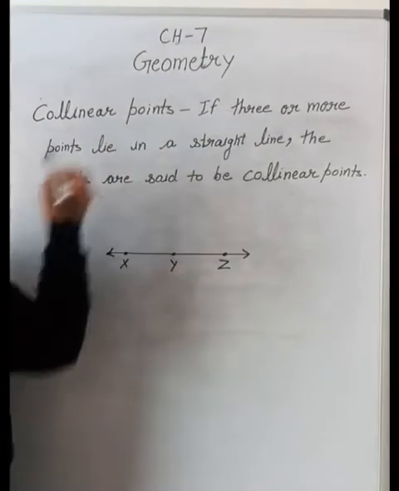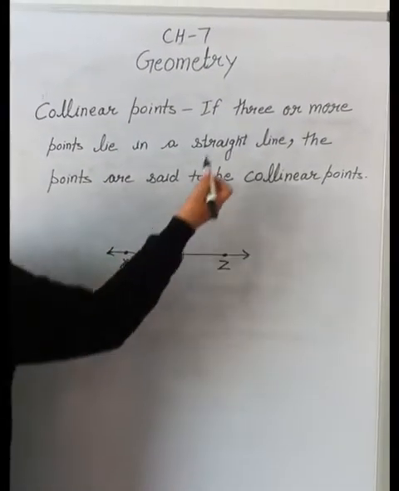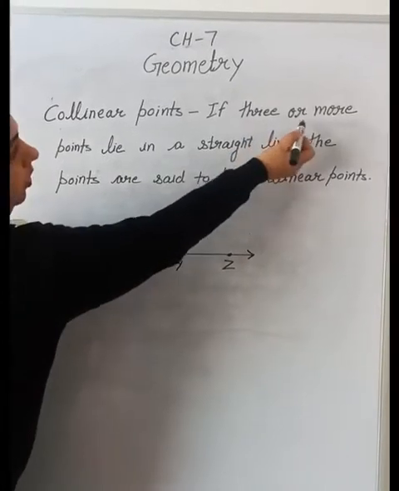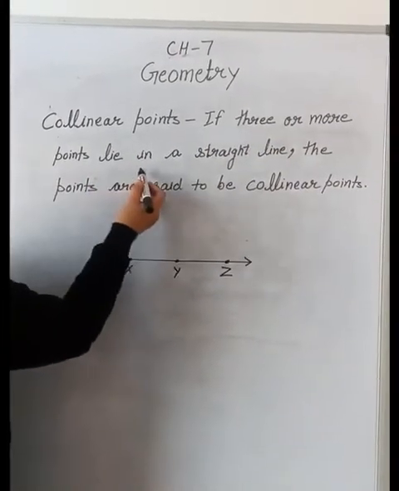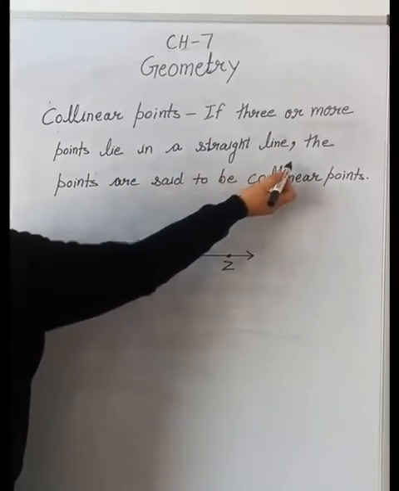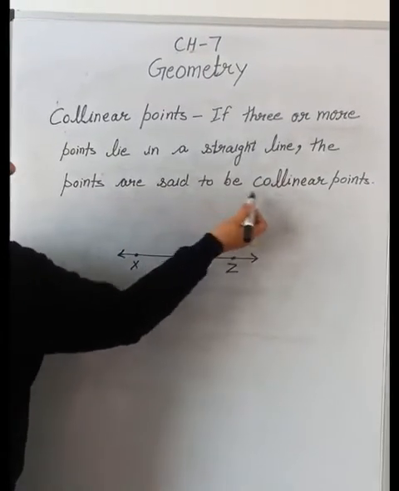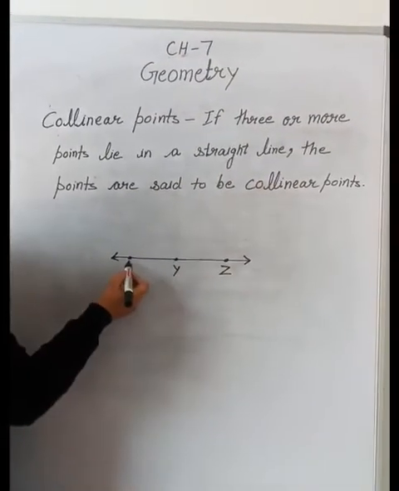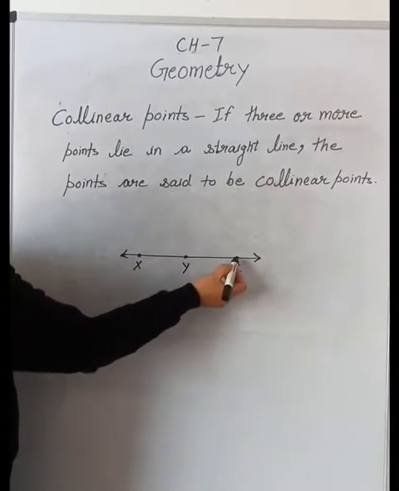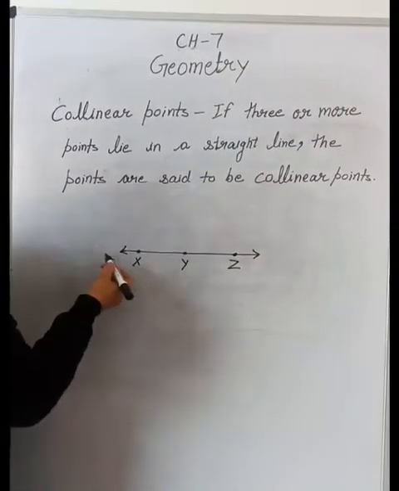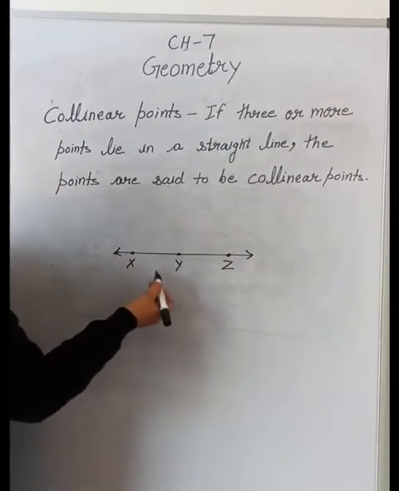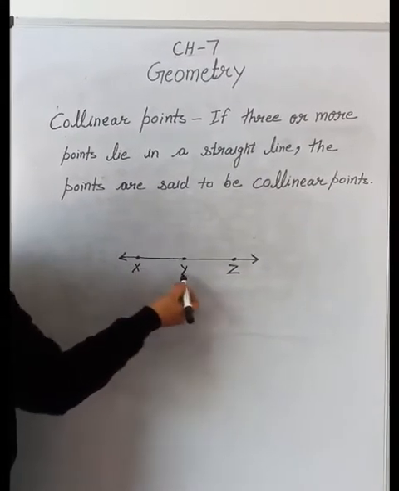Definition of collinear points. Now what is the meaning of collinear points? If 3 or more points lie in a straight line, the points are said to be collinear points. Now point X, point Y, point Z. These 3 points are on the same line. So it represents collinear points.